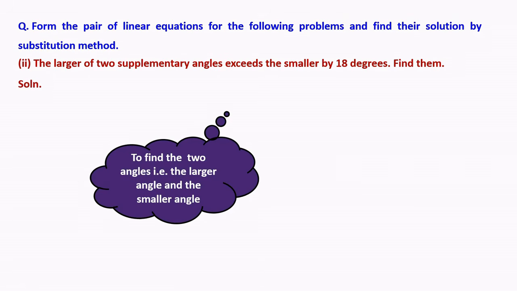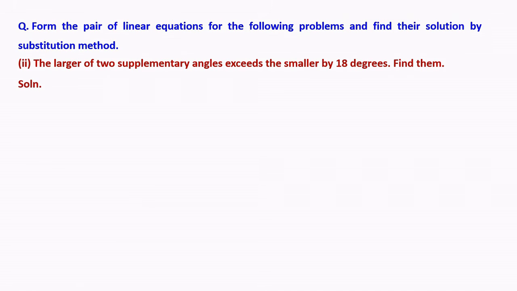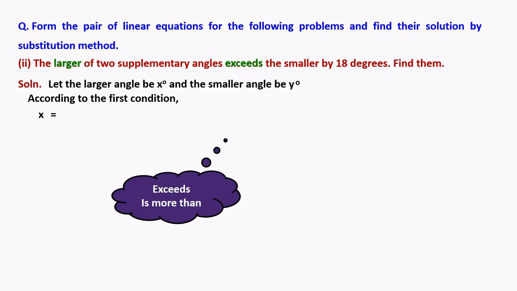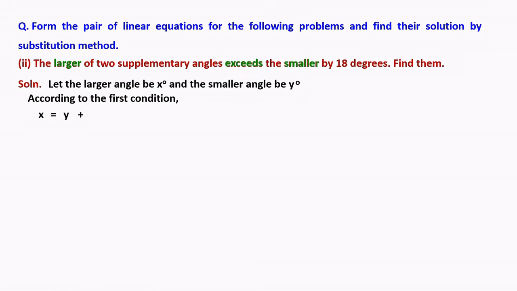Now, let the larger angle be x degrees and the smaller angle be y degrees. According to the first condition, the larger angle exceeds the smaller by 18 degrees. That means the larger angle is 18 degrees more than the smaller angle. So, we can write x equals y plus 18.